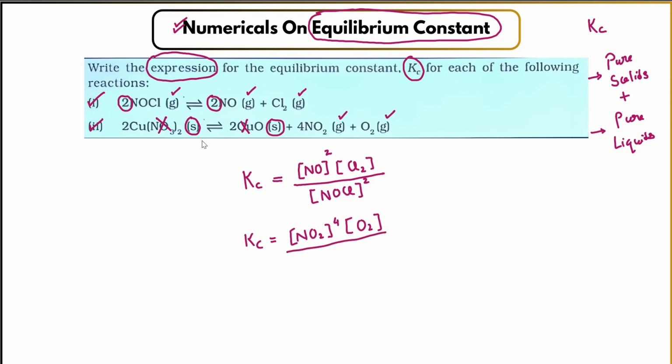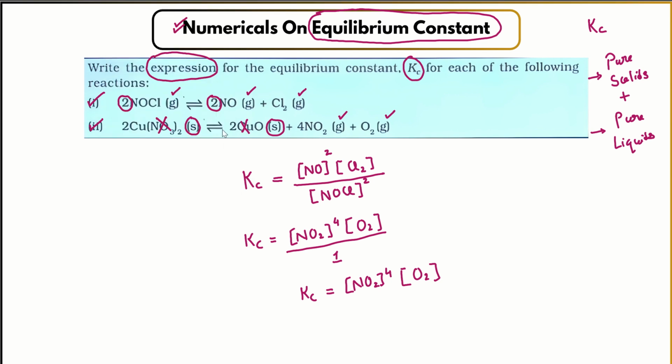Now many students get confused that if the side of the reactants that we have to take into denominator is given as solid, and we have to ignore pure solids and pure liquids according to our rule, what will we write? Since this side has to be ignored, simply write 1. So your expression will become simply [NO2]^4 [O2]^1, or simply [NO2]^4 [O2].